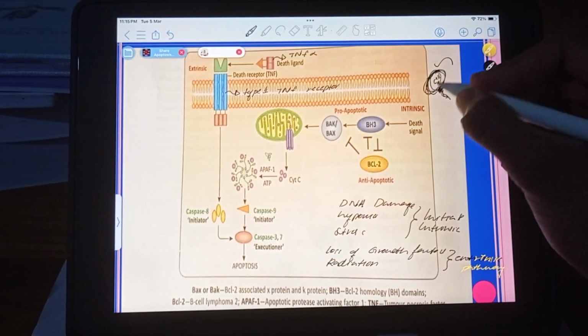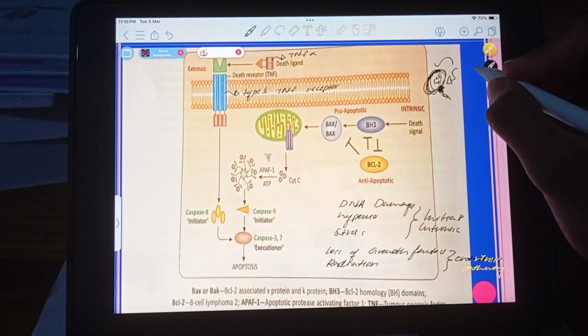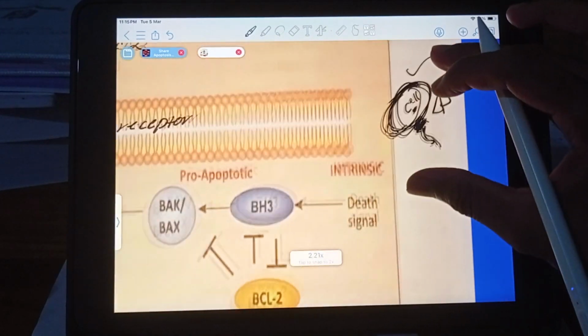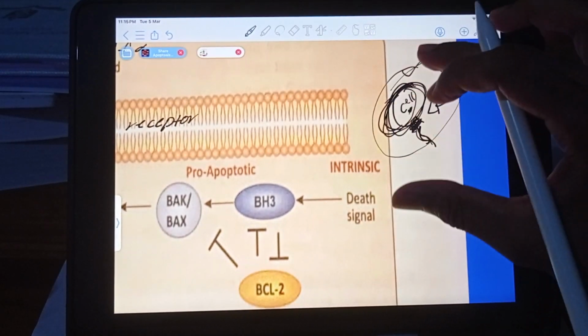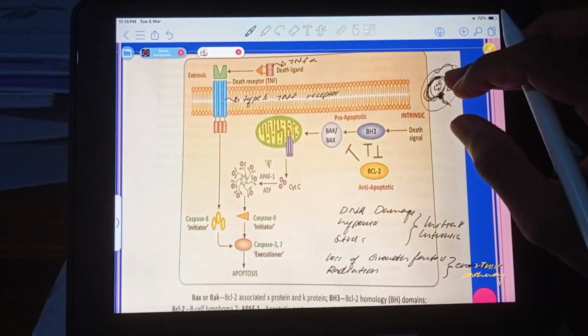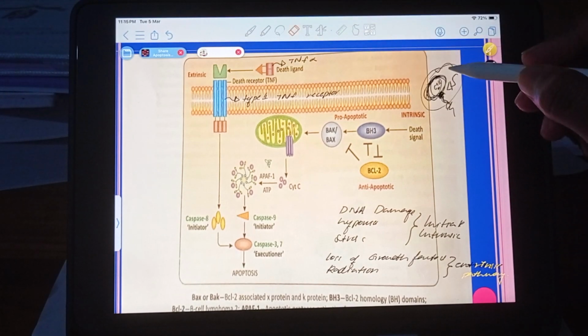A growth factor is an external factor. If there is a problem in growth factor, we have to make the cell die. So the external factors will remove the cell.